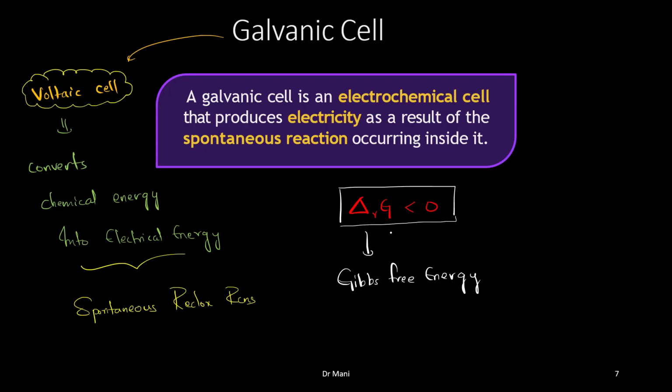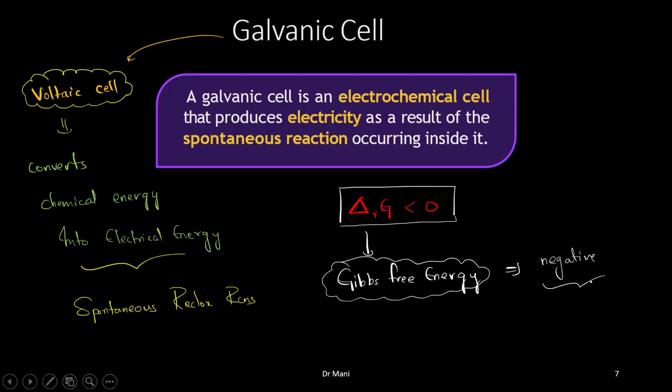Okay, just remember, if delta G is less than 0, that means this Gibbs free energy is negative. Yes or no? If it is less than 0, that means it's -1, -2, -3. So when this Gibbs free energy is negative, remember, that means the reaction naturally happens without any external energy input.